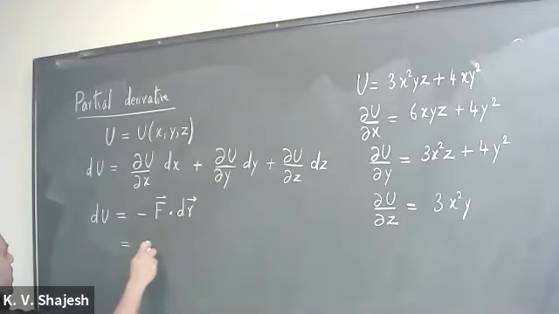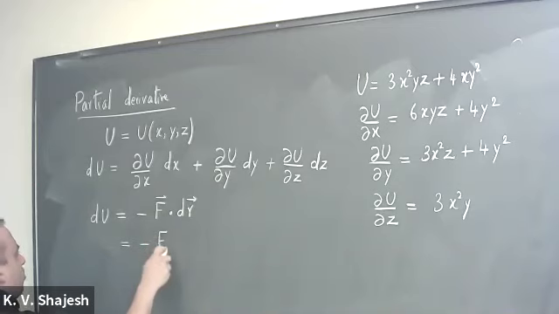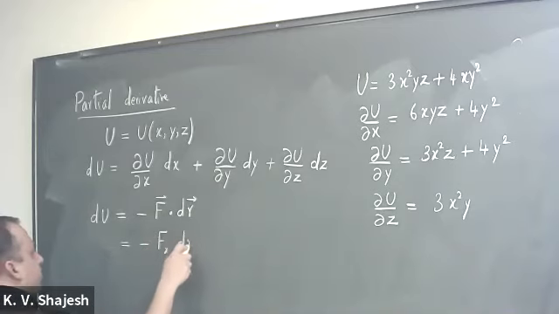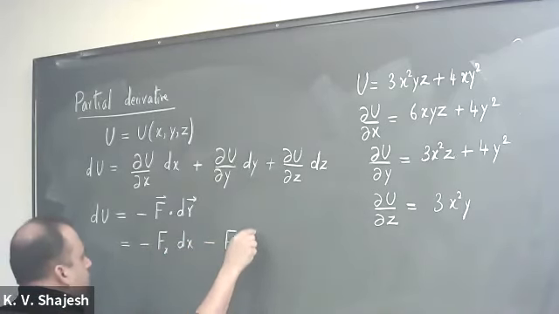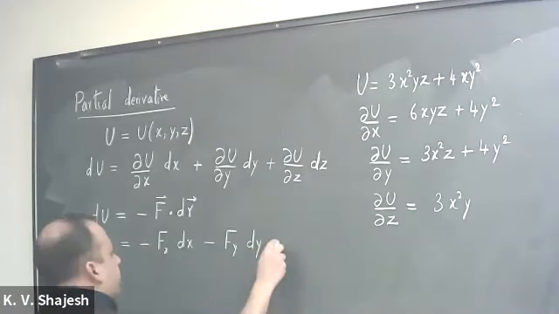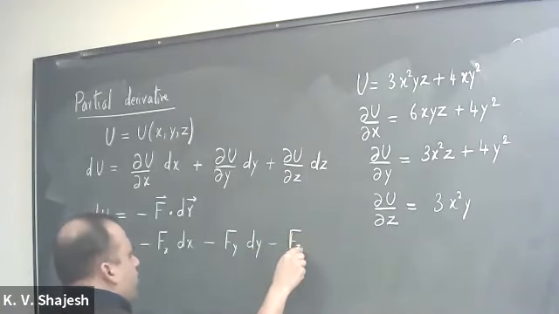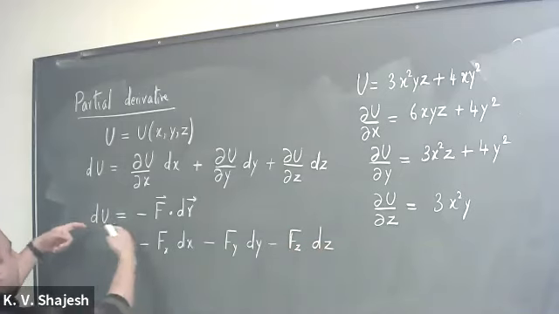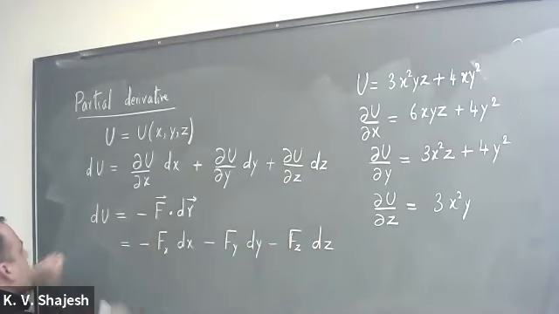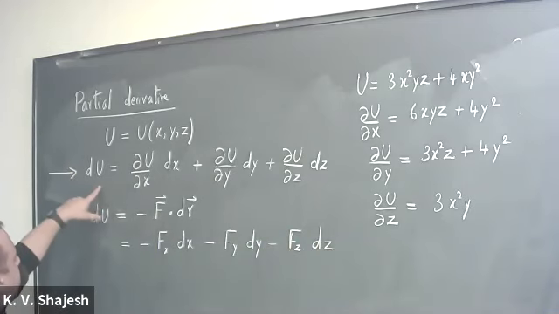That's the same as minus the x component of force times dx, minus the y component times dy, and minus the z component times dz. That's my definition of force right here, or the connection between force and potential energy is this. This is coming from the idea of partial derivative.